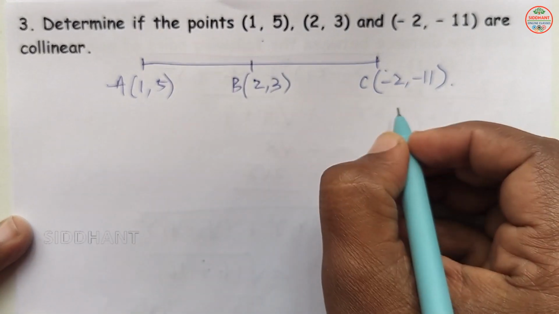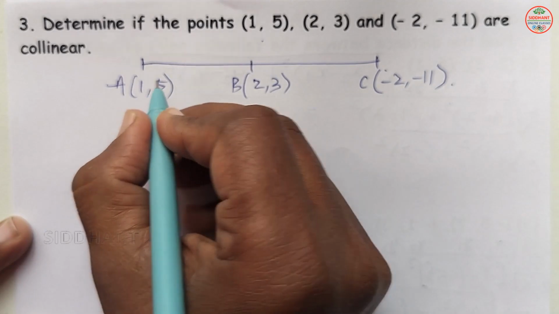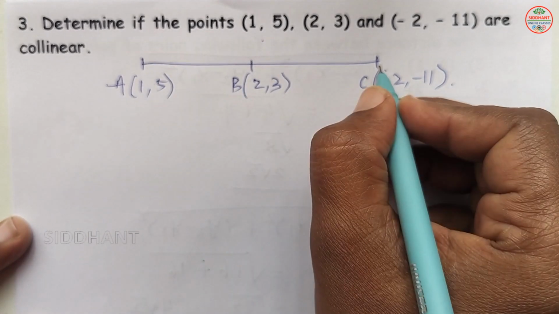If they are collinear, then the 3 points should lie on the same straight line.